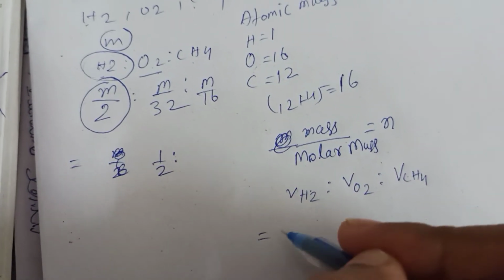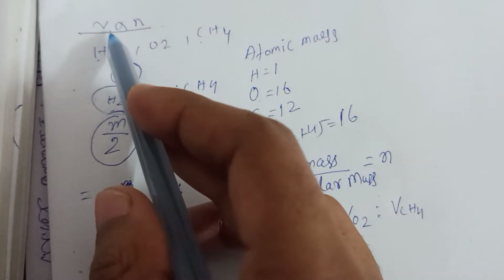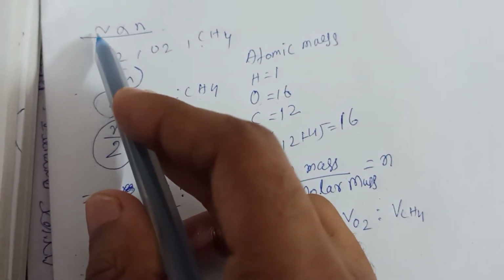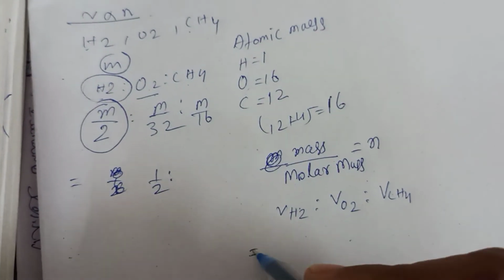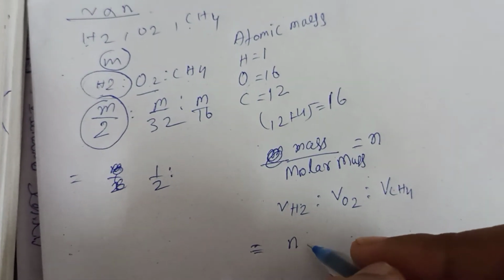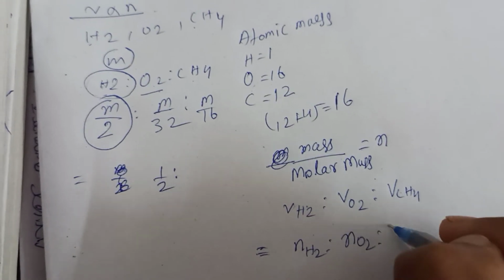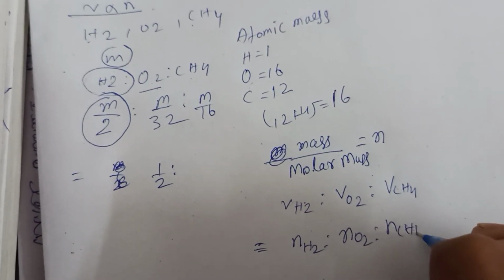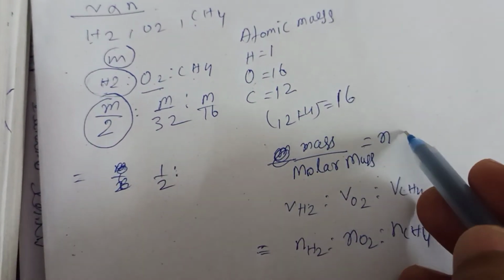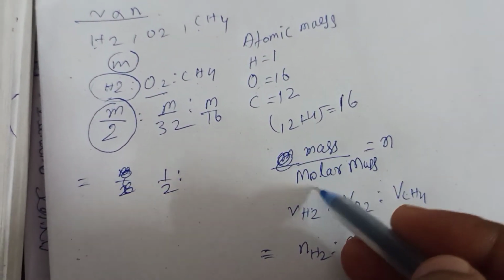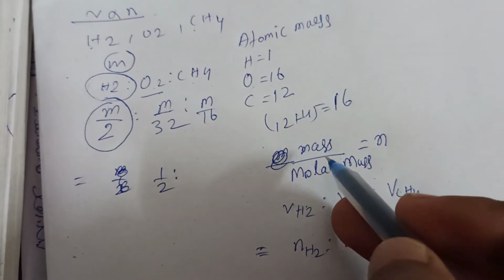Since V is proportional to n, we can write number of moles of H2 is to number of moles of O2 is to number of moles of CH4. And we know n is mass by molar mass.